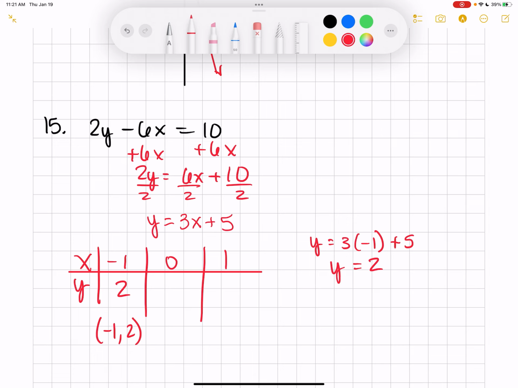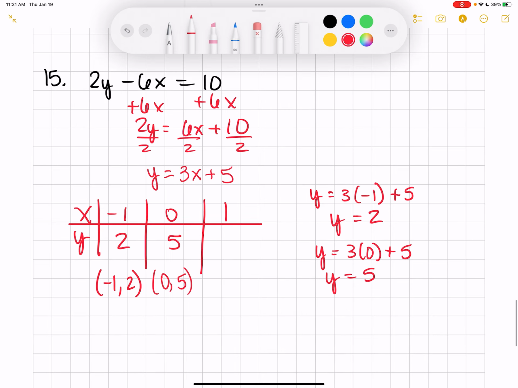Then if I plug in 0, y is equal to 3 times 0 plus 5. 3 times 0 is 0, plus 5. So y equals 5. So that gives me the point 0, 5. And lastly for 1, y equals 3 times 1 plus 5. 3 times 1 is 3, plus 5 is 8. So that gives me the point 1, 8.